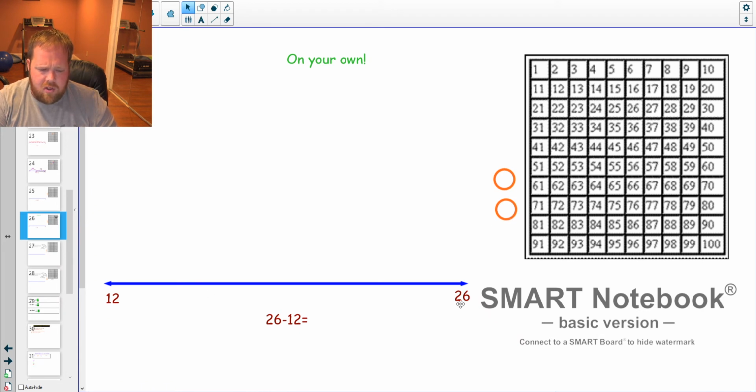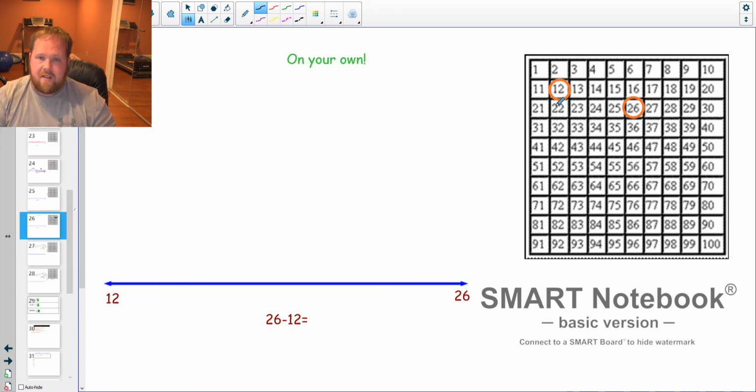Okay. 26 minus 12. We are going to start at 12, and we are going all the way to 26. Very good. So let's see what we did. We always check to see if we can go by 10. It looks like we can.